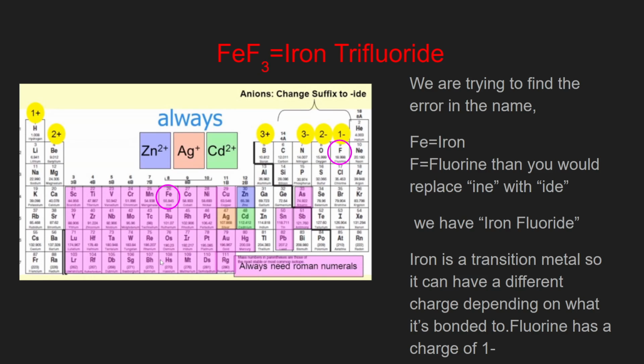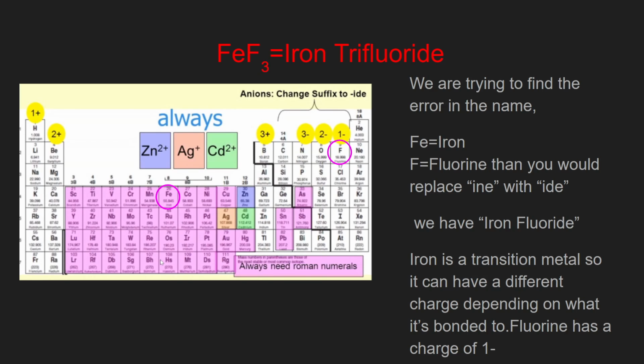So we would look at the periodic table for Fe, and we would see that Fe, iron, is in column 8. And then we would look for F. We would find, by looking on the periodic table, that it is in column 17, and column 17 has a charge of -1.